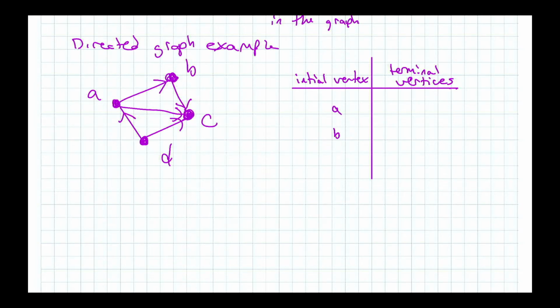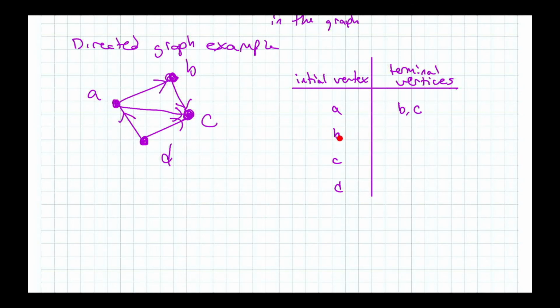So A, B, C, D. And then your terminal vertices are just where does the arrow point, right? From A, we have one going to B and one going to C. This one does not count, because this is going to A and we're only looking from A. So A to B, A to C, that's it. So B, C.